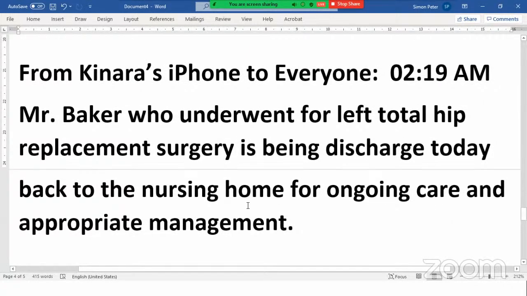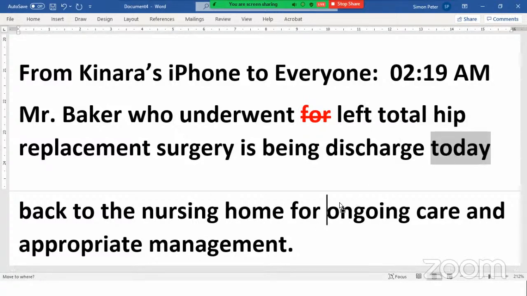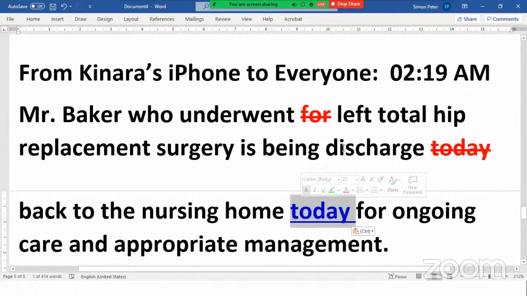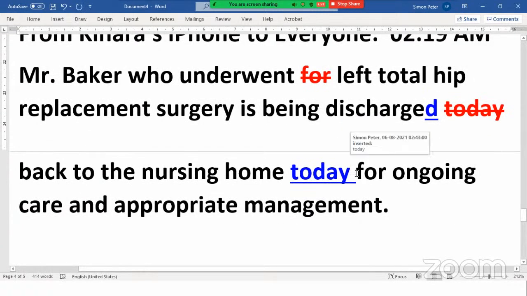Mr. Baker, who underwent left total hip replacement surgery, is being discharged back to the nursing home today.